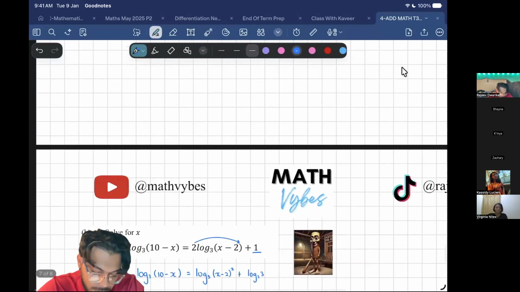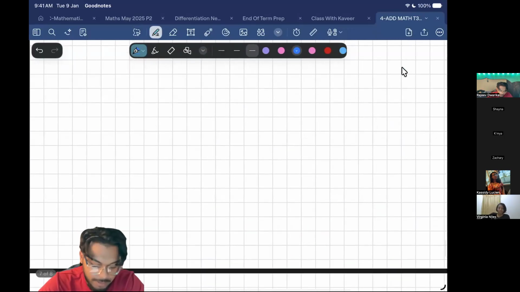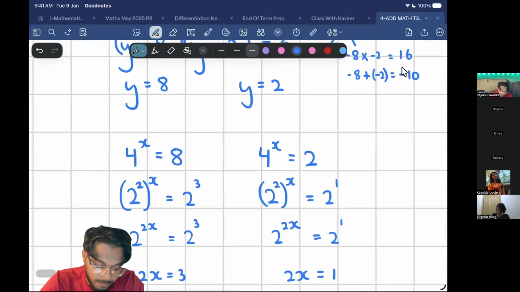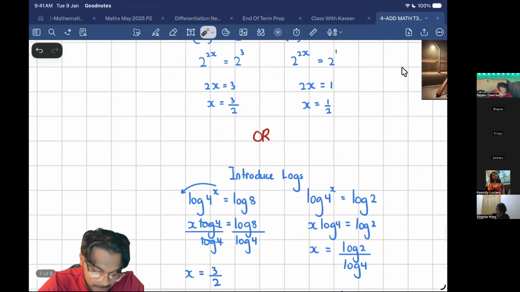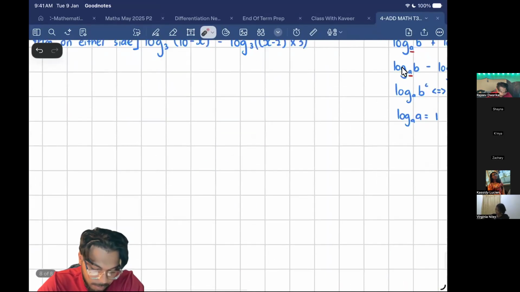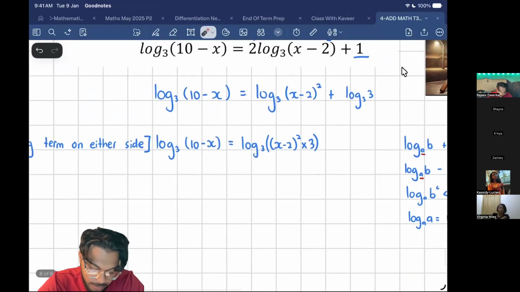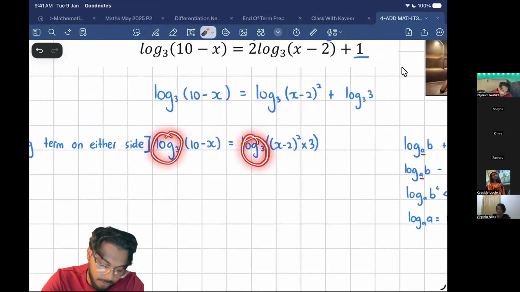That's what I meant by solve. It's the same concept: if you have the same base, you could drop the base and just equate the powers. You have log base 3, you have log base 3. Once you have one log term on either side, you can drop the logs.